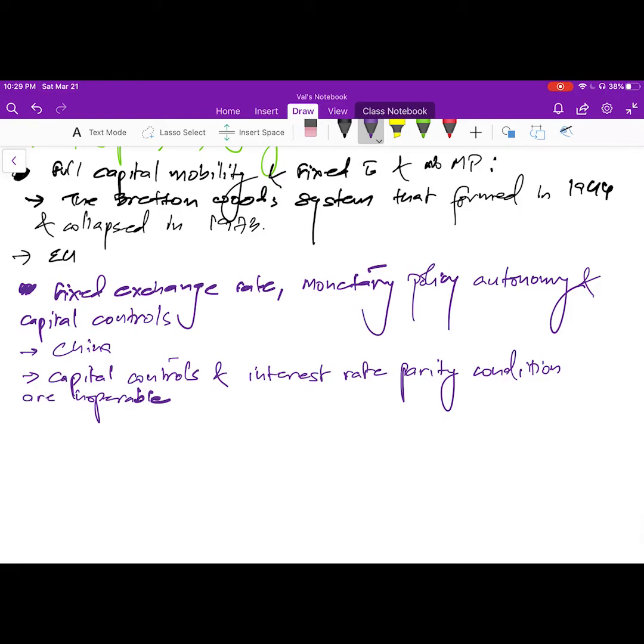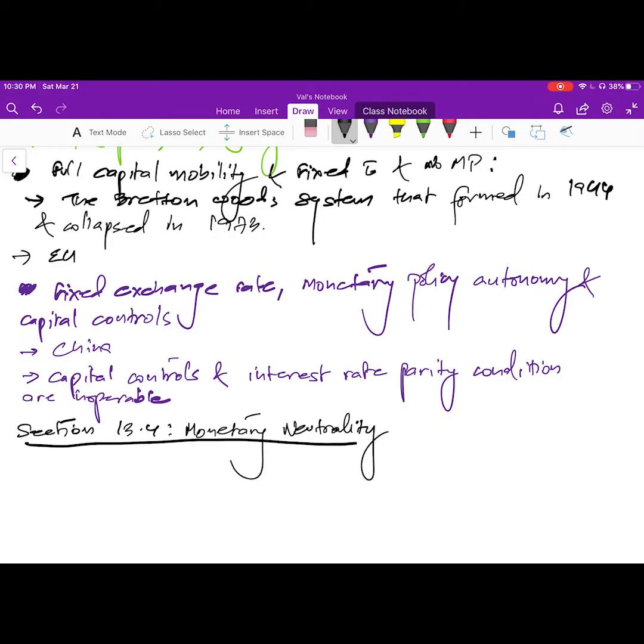Okay, so that was a quick section 13.3.3. Section 13.4, monetary neutrality. So what is the monetary neutrality principle?